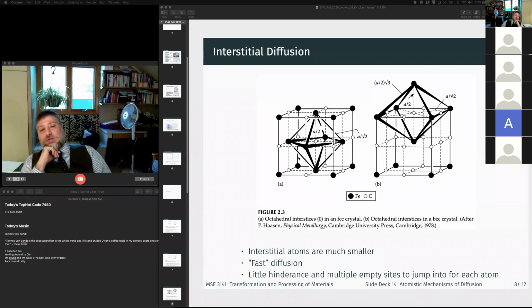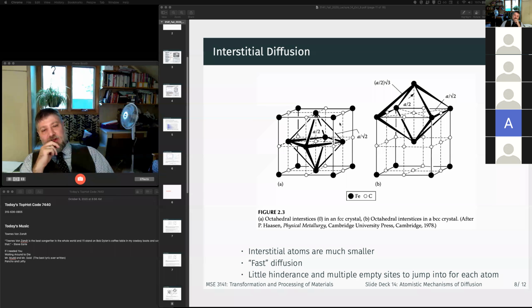So we have a couple different types of interstitial sites. These are both octahedral sites in FCC and BCC, but we also have tetrahedral interstitial sites, which are made up by these two atoms and these two atoms and this one to make a tetrahedron up here.